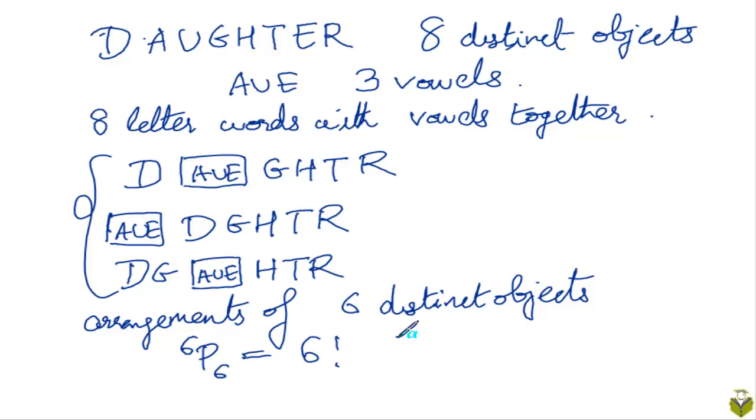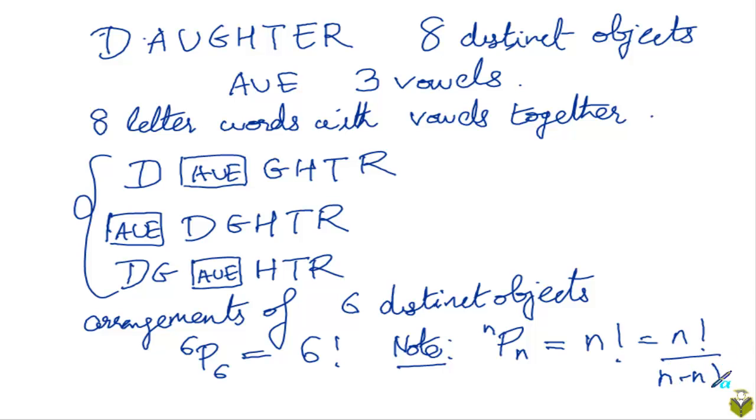It's very good to know that if r is equal to n, like you have nPn, so n distinct objects taken n at a time, that is the same as n factorial. You can check it. It's just n factorial divided by (n minus n) factorial. So it's the same as n factorial. So this is an important fact. This will help you to save some time sometimes. So it's just 6P6, which is 6 factorial.